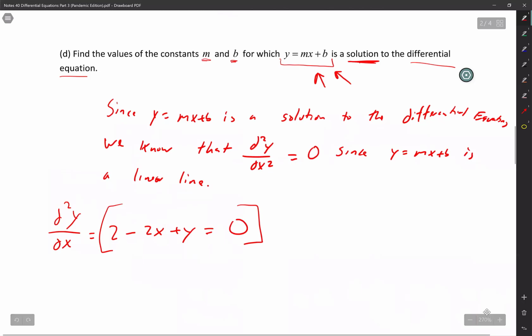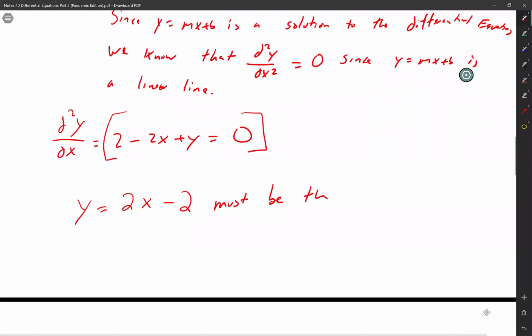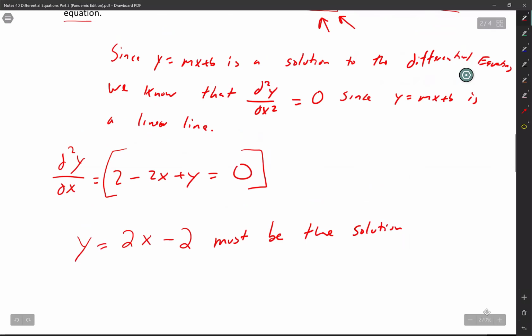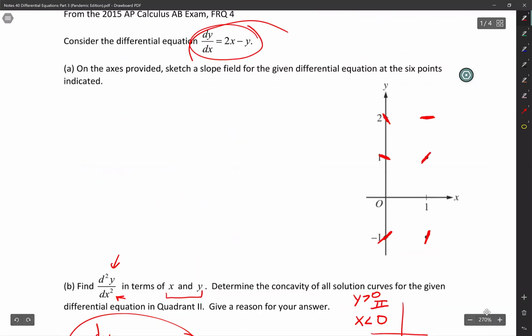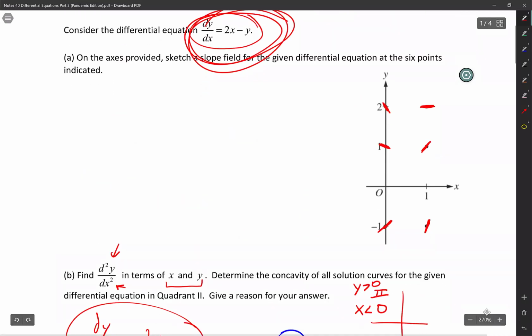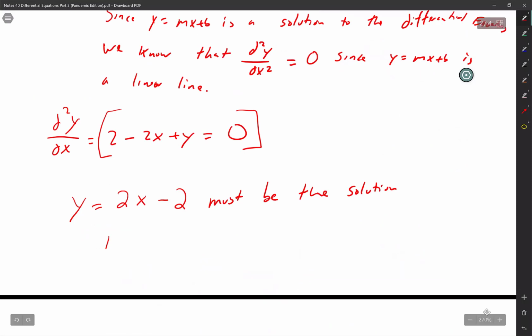And immediately I'm like, hey, wait a minute. y equals 2x minus 2 must be the solution, because it satisfies everything. dy/dx came from this expression. It satisfied that. My second derivative, I took it, I got that. Second derivative equals 0, perfect. So now I know that m has to equal 2 and b has to equal -2.